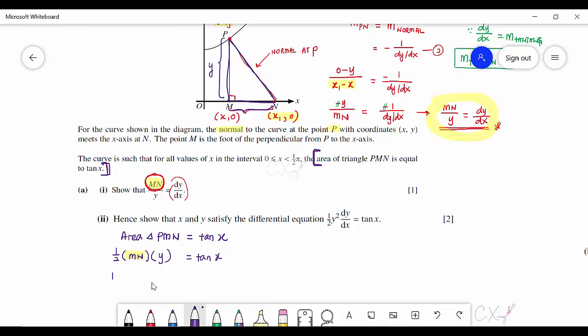I have half times MN, which becomes y dy/dx, multiplied with y, equals tangent x. If you further simplify it, the answer is very obvious. You will get half y squared dy/dx equals tangent x, and we successfully show the equation that they want us to show. So this is what we have for part number 2.